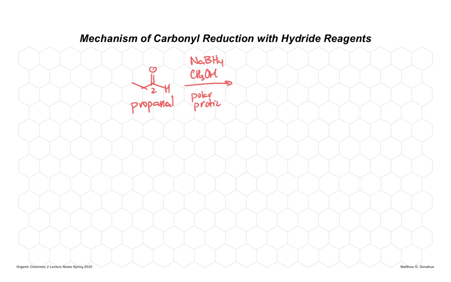When we reduce that aldehyde, what class of alcohol is it going to produce? So it has to be primary.